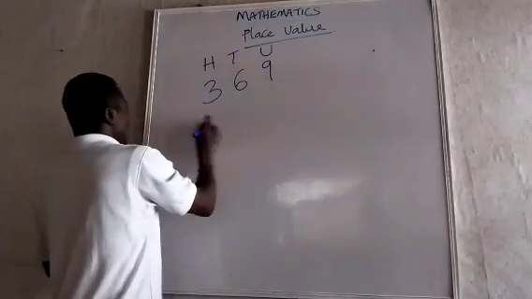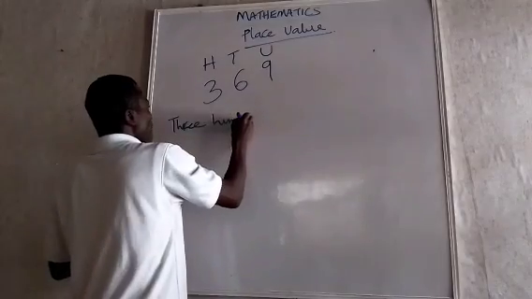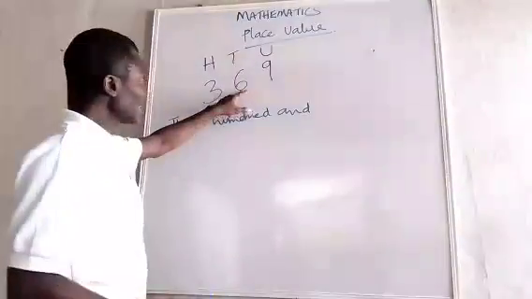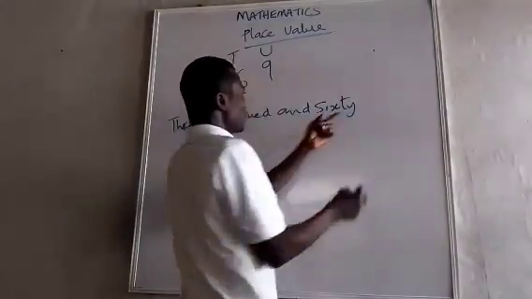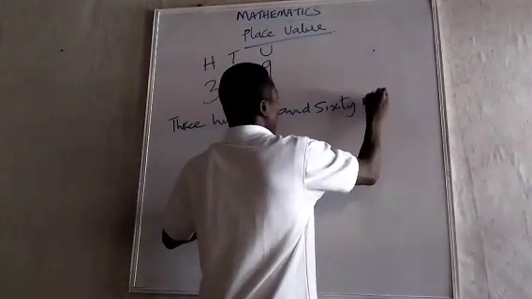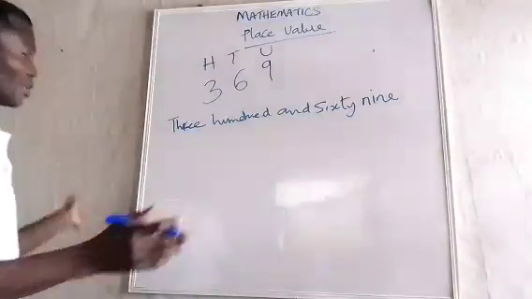If I want to pronounce this, I'll be able to say 300 and 6. This 6 here is in tens, so we call it 60. So this makes it in tens. 369.